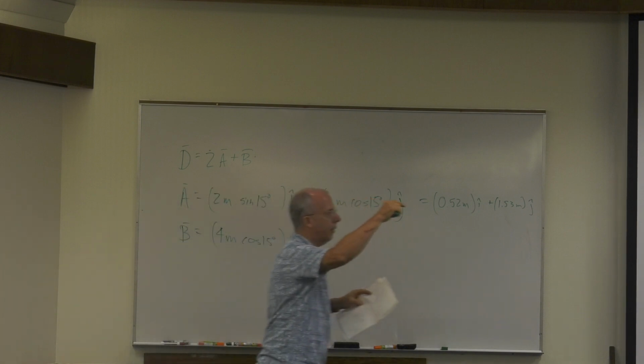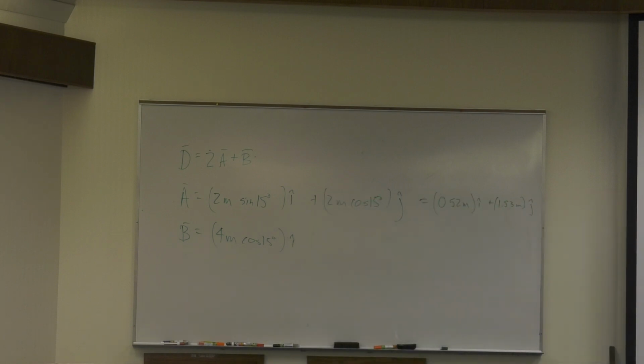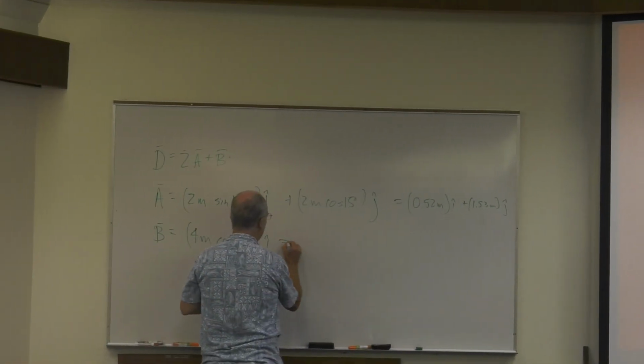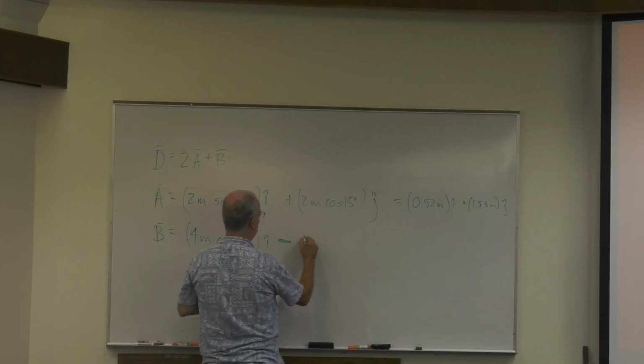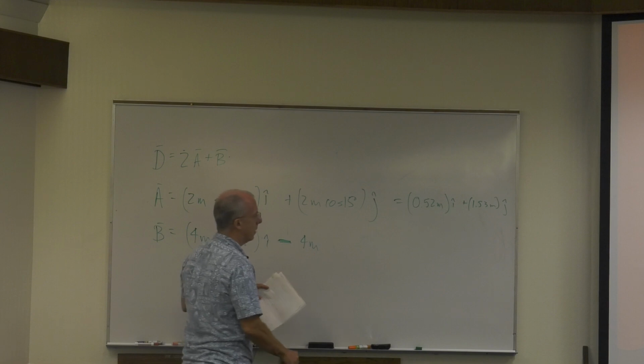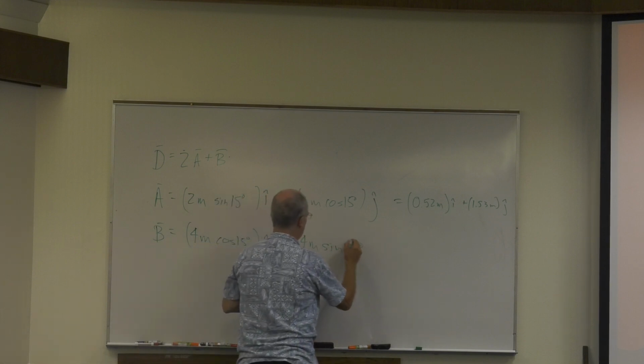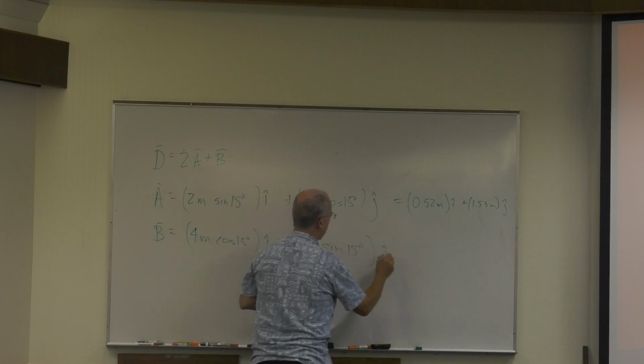And then remember, the j is in the negative direction, so we write minus 4 meters times sine 15 degrees in the j direction.